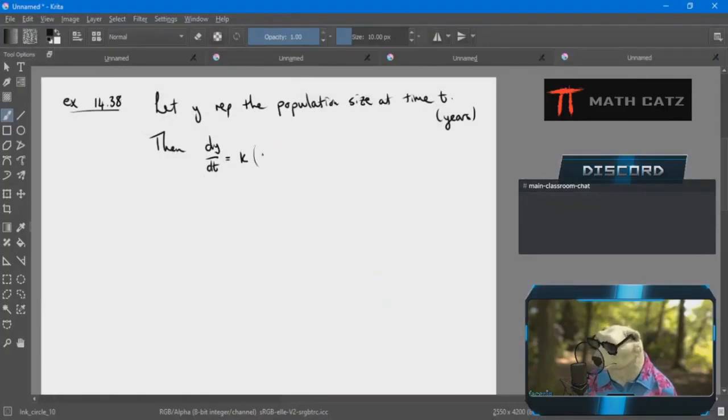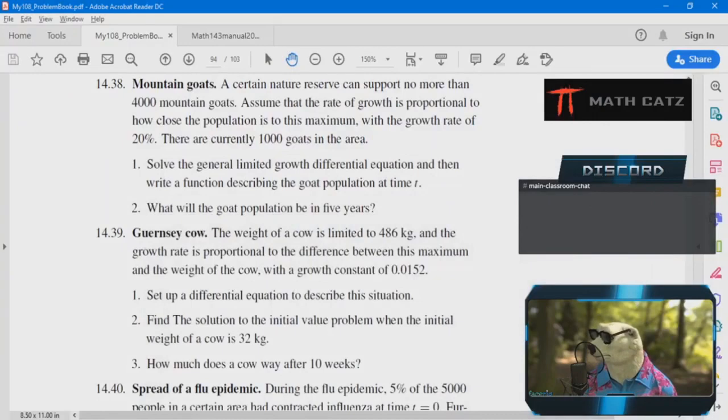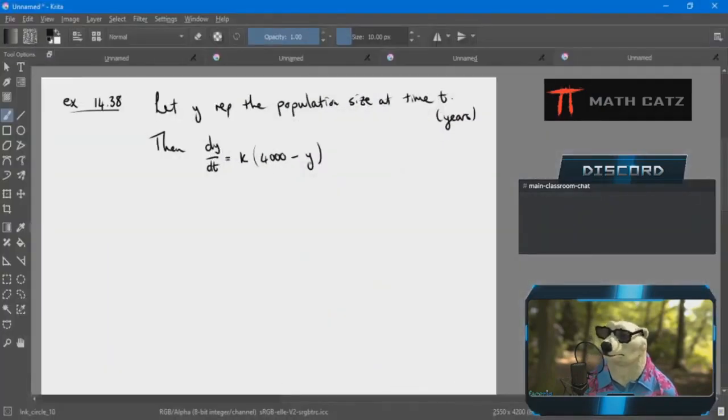So it's going to be proportional to the difference of the two, the capacity, which is 4,000, they say, and the actual population, where the growth constant is given as 0.2. So I should have just put that in. Let us do that to not make it any more complicated. And we can do a general one, I think, after this example.